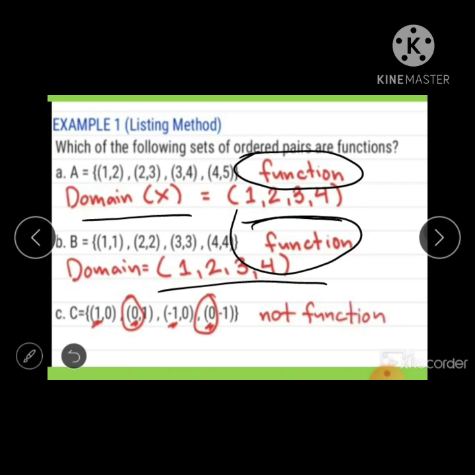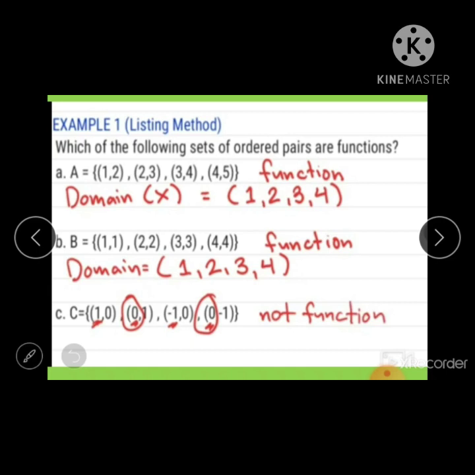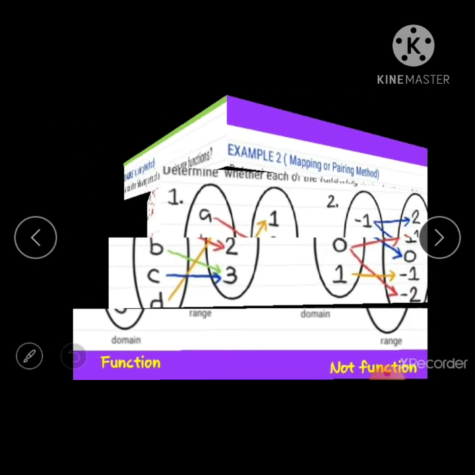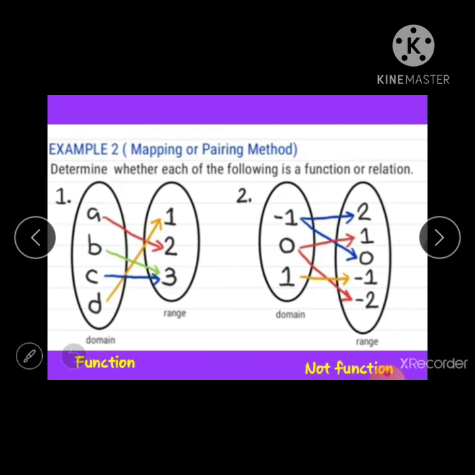So there is a repeated domain, which is 0. So in example C, it is not a function, because there should be exactly one value for each element of the domain.